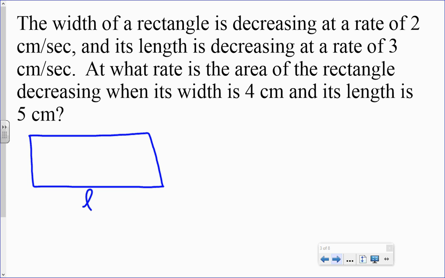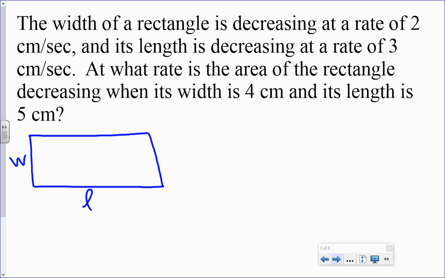And what would you like to call the width? W. There's the picture. I need the picture. I know it's a rectangle, and I know you can visualize a rectangle, but it's important for you and for me to see that you've labeled the length as L and the width as W. Because you're going to need to come back to that picture throughout the process.